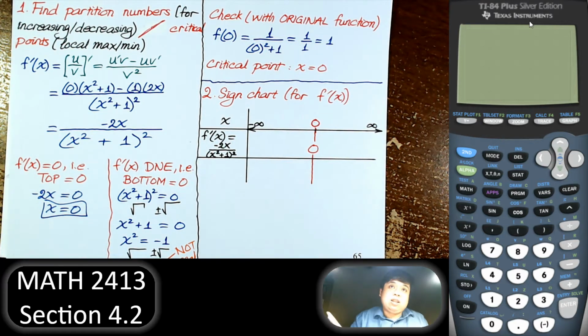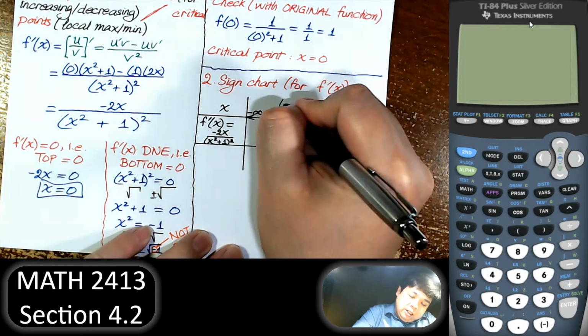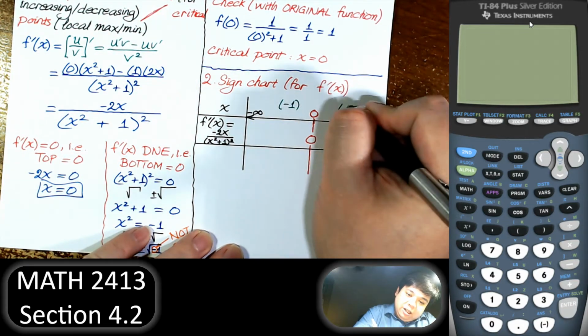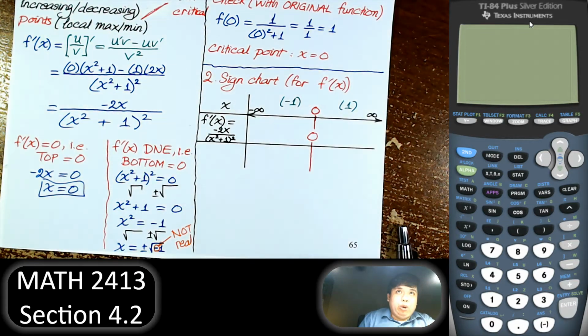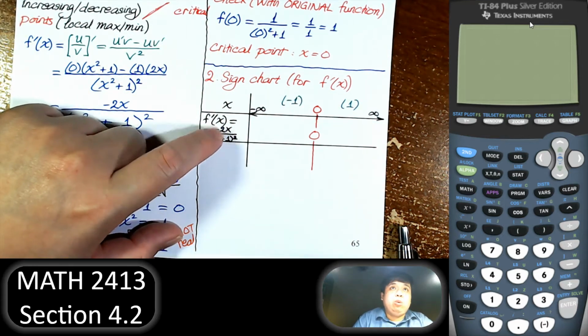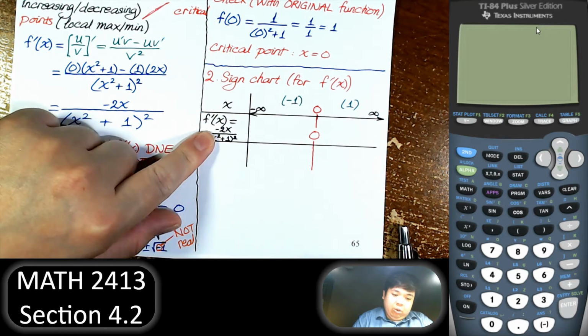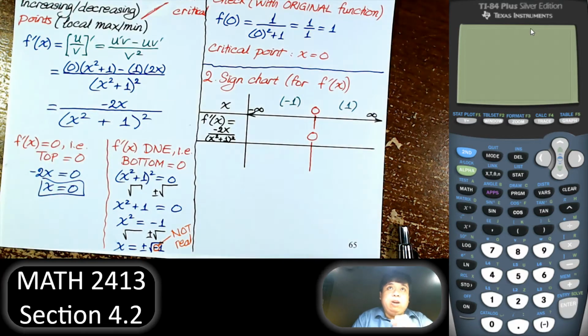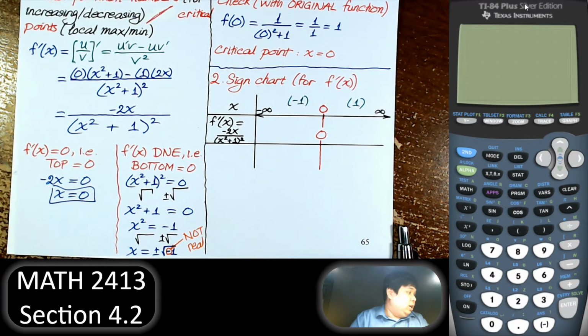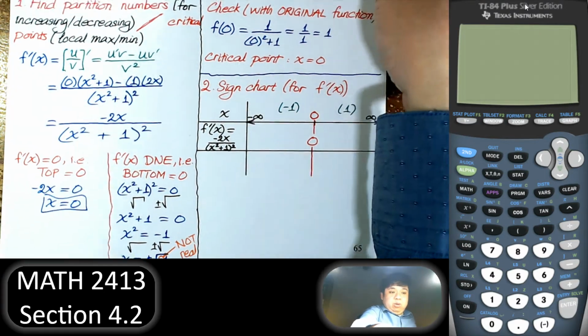Right, now test them. Test points negative 1 and 1. We'll test for the derivative. Between negative infinity and 0, we can choose negative 1, and between 0 and infinity, we can choose 1.